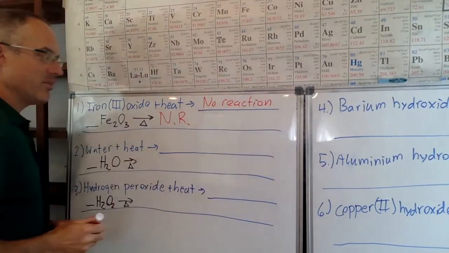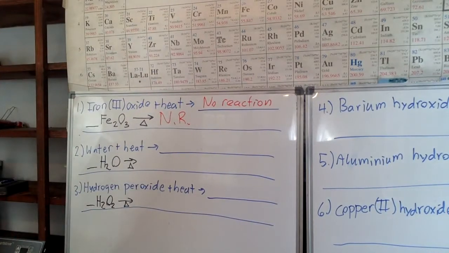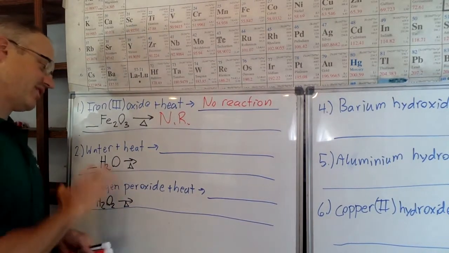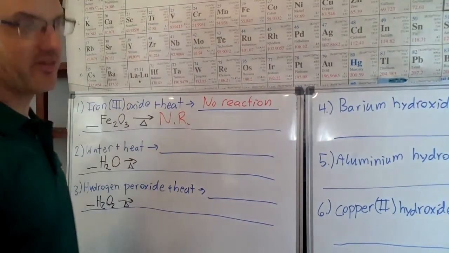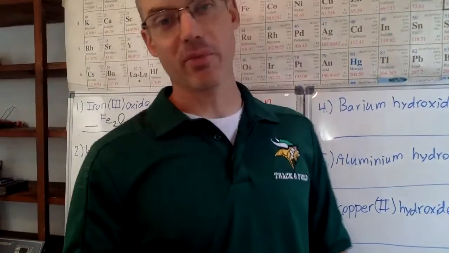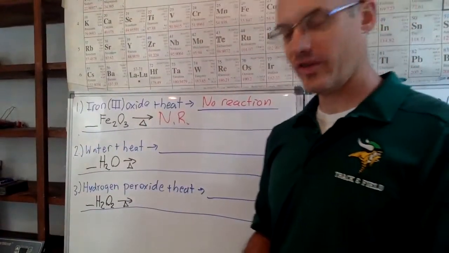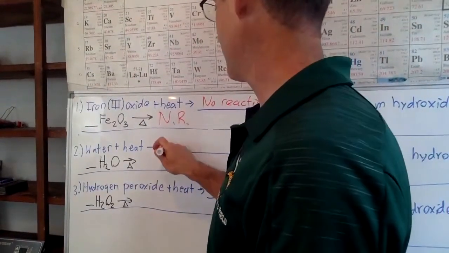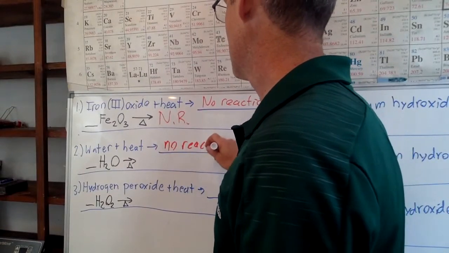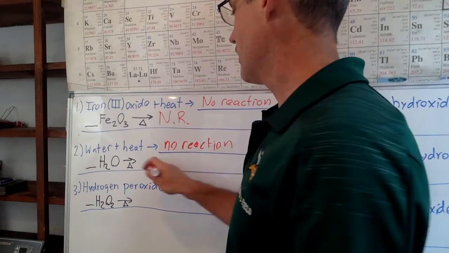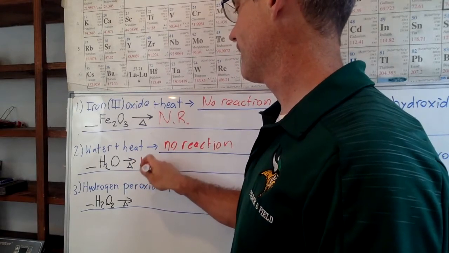Okay, you have to molecularly blow that apart. And what happens when you heat up water? You make ramen, right? The water doesn't break apart and decompose, the water just boils. Okay, so this is also a no reaction, or NR.